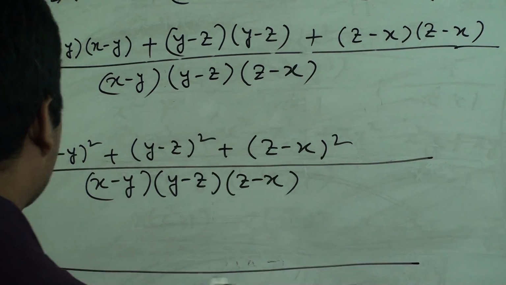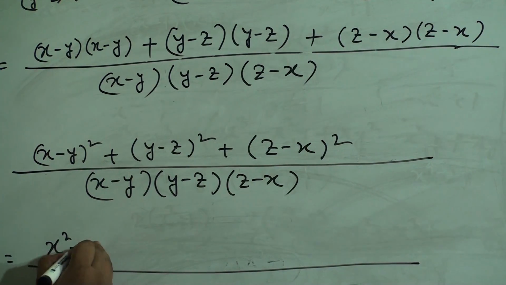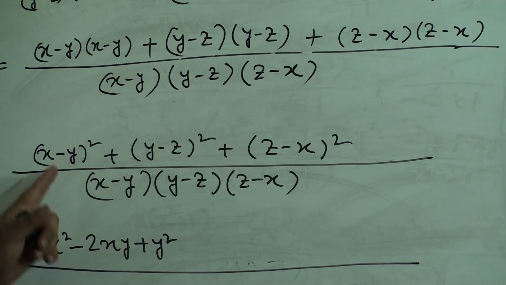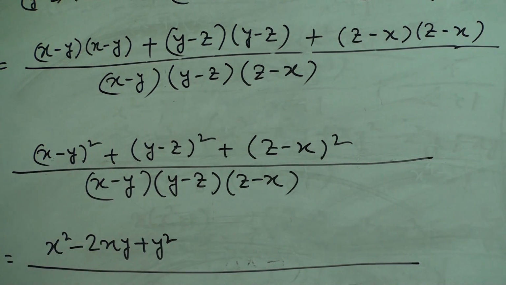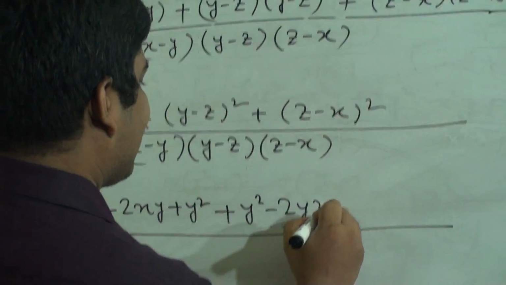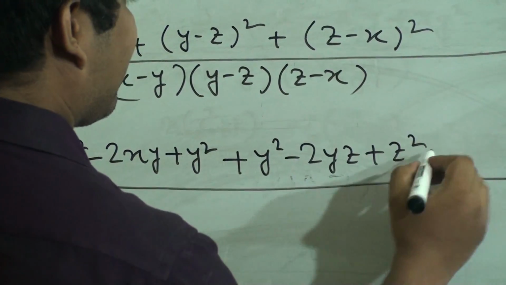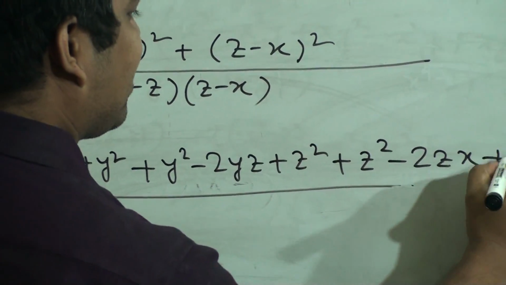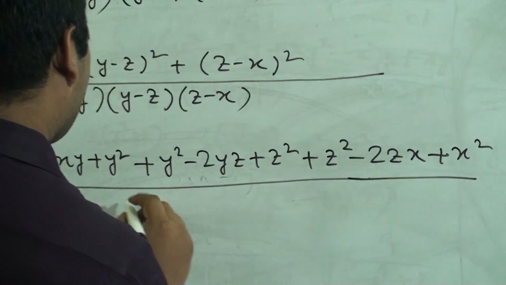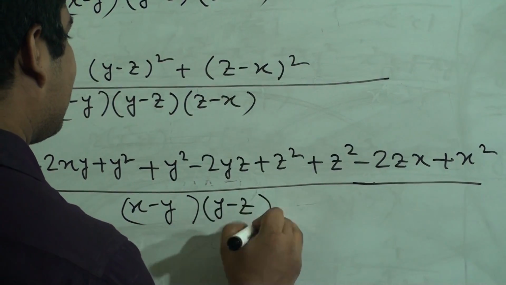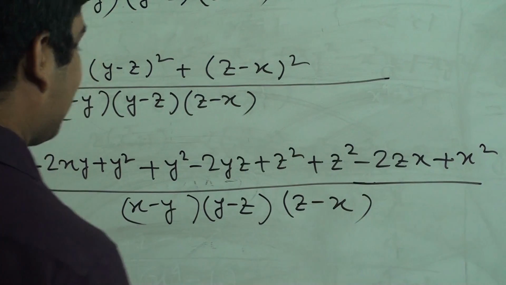So x square minus 2xy plus y square. Why? This is the formula of (a minus b) whole square. Next, y square minus 2yz plus z square plus z square minus 2zx plus x square by x minus y, y minus z and z minus x.